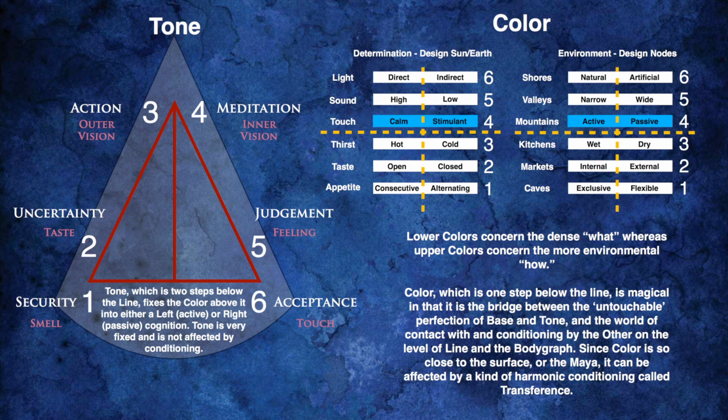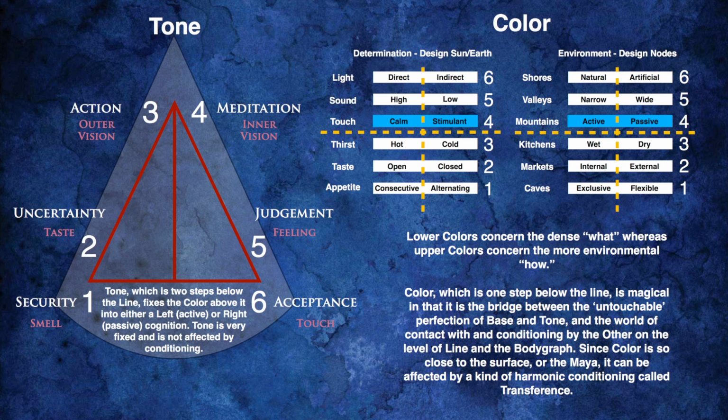So mountains, it's called mountains because it has perspective. It's just like the fourth color determination. It can experience all the different ways without being a native within those ways. If somebody has a fourth color environment, they could live in a markets environment.